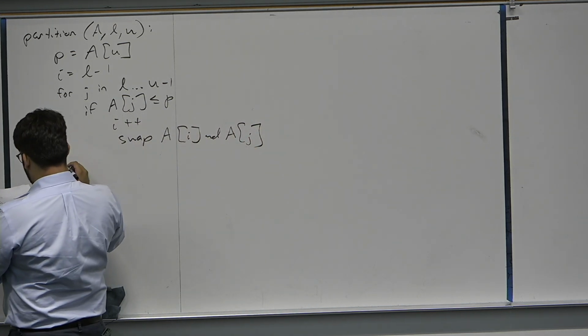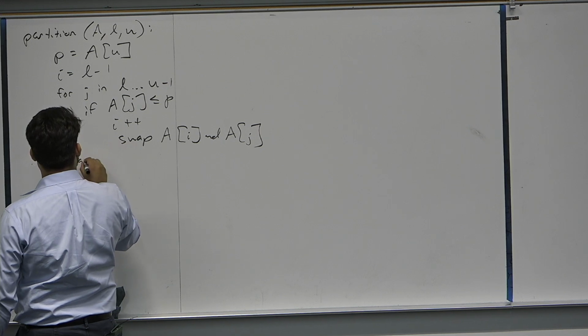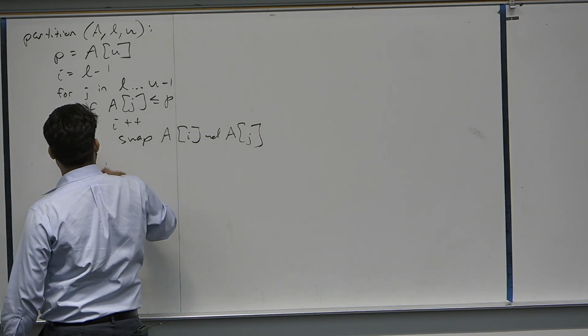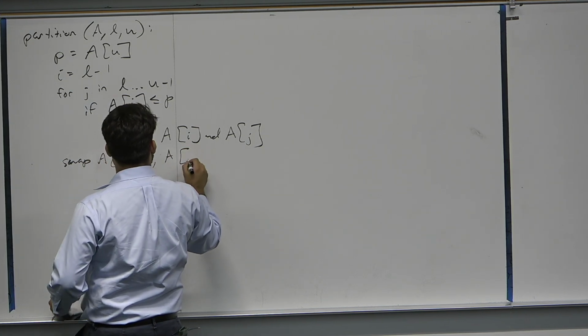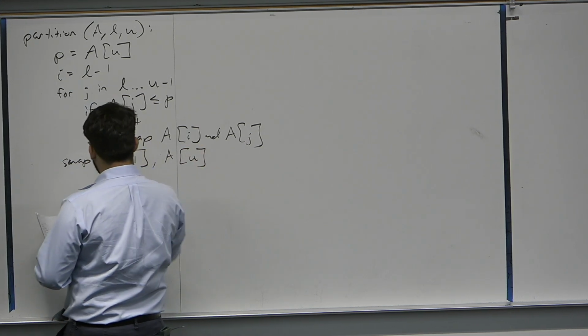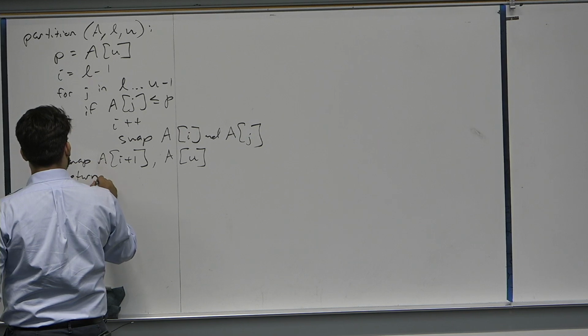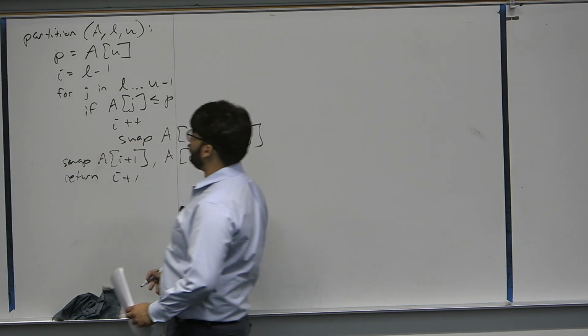And then at the end, we swap A of I plus 1 and A of U, and then we return I plus 1, which will be the index of the pivot.